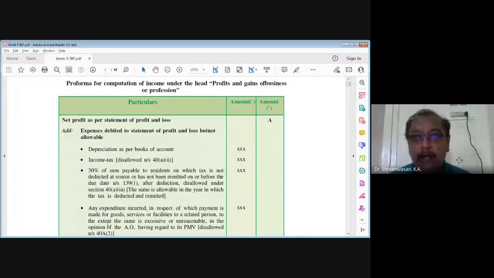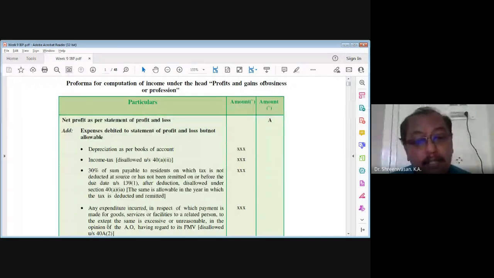With this net profit, we are going to add some of the expenses that have been debited in the profit and loss statement, but are not going to be allowed by the Income Tax Act. Let us see some of them. First, the depreciation as per the books of accounts.